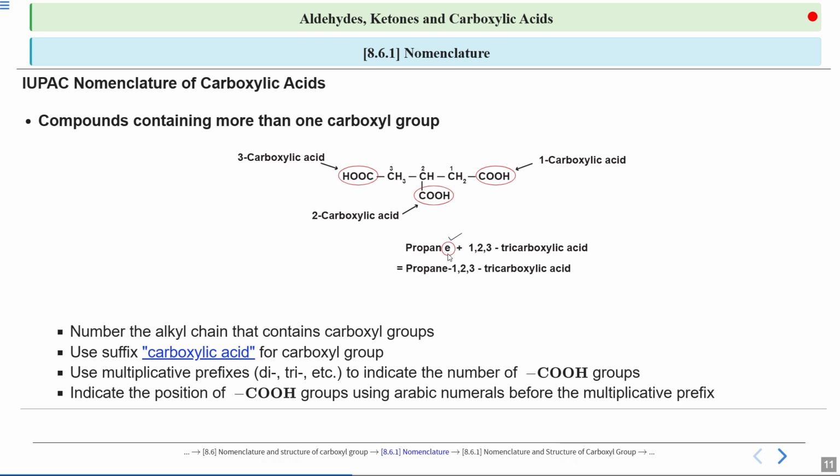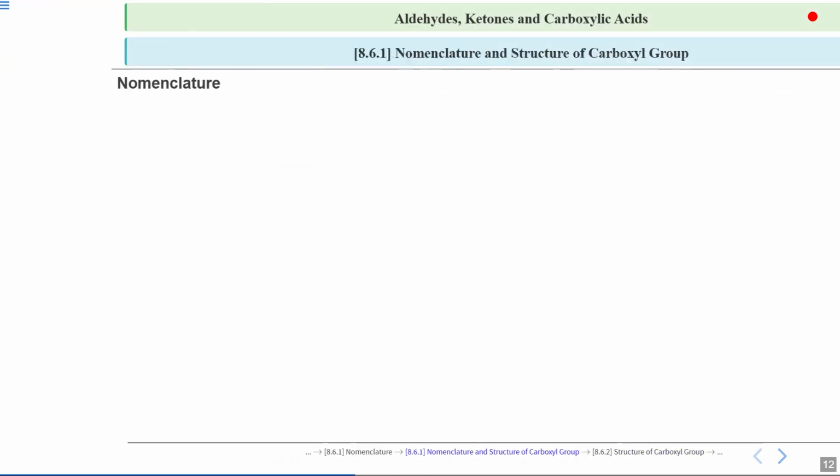We have not removed the E over here because the next letter C is not a vowel. So this 1, 2, 3 indicates the position of the carboxyl groups, and we do it by using Arabic numerals. This is for compounds that have more than one carboxyl group.